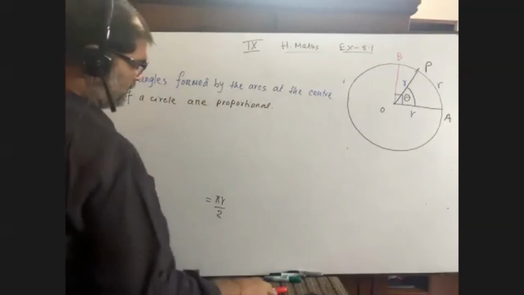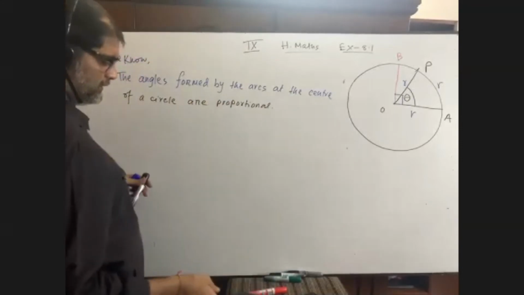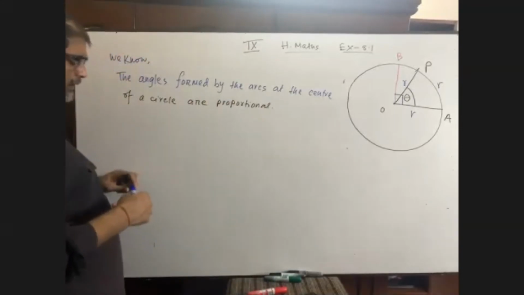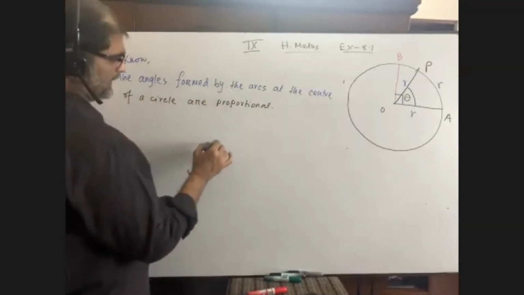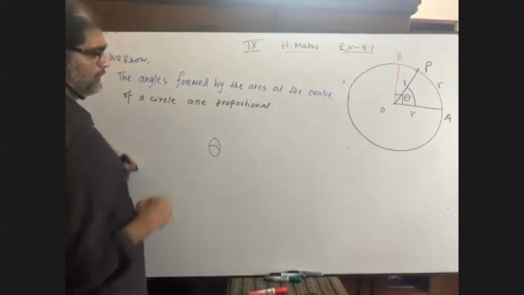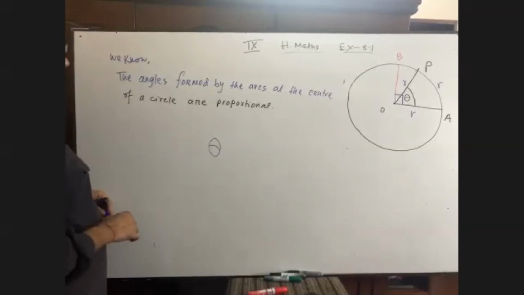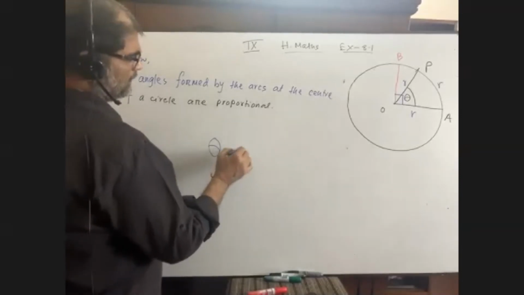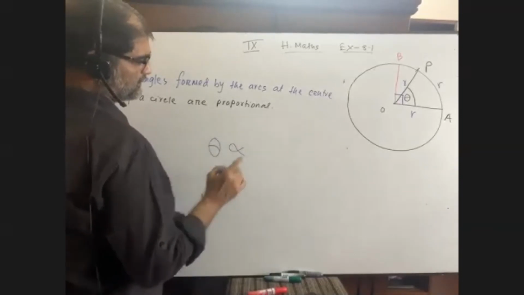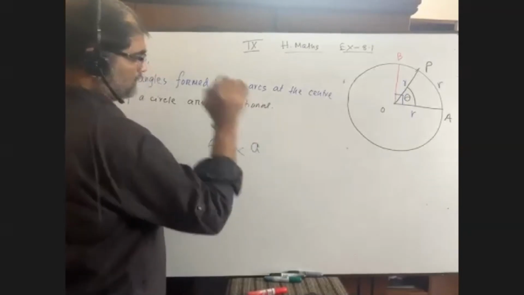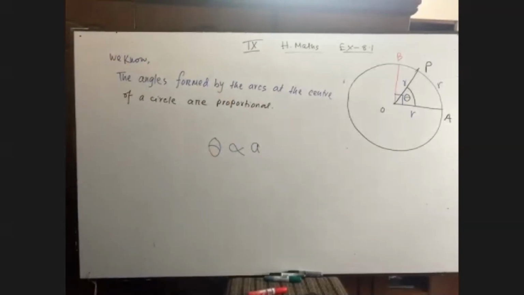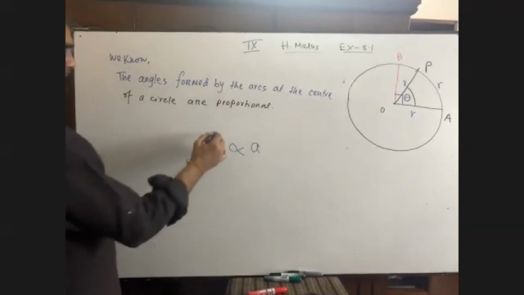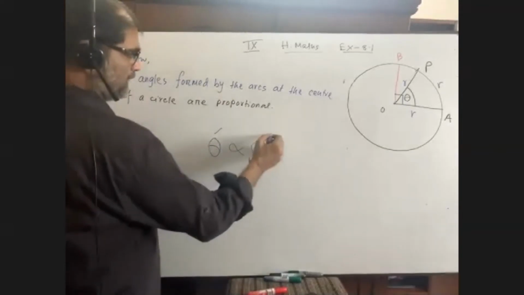What is meant by this? Suppose it is angle. Okay? Proportional. Suppose it is arc, A for arc. I mean, if the angle increases, the arc will increase.